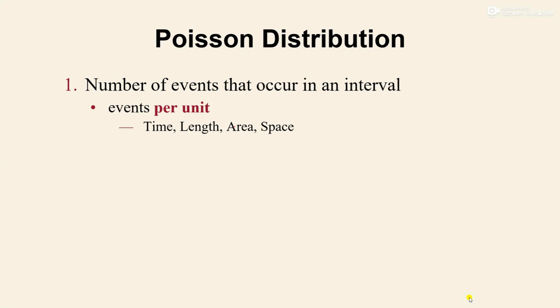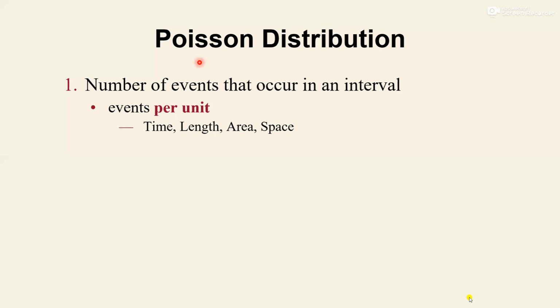Here also, the number of events that occur in an interval, right? But in the binomial, we are counting the number of successes occurred in the number of trials we perform.